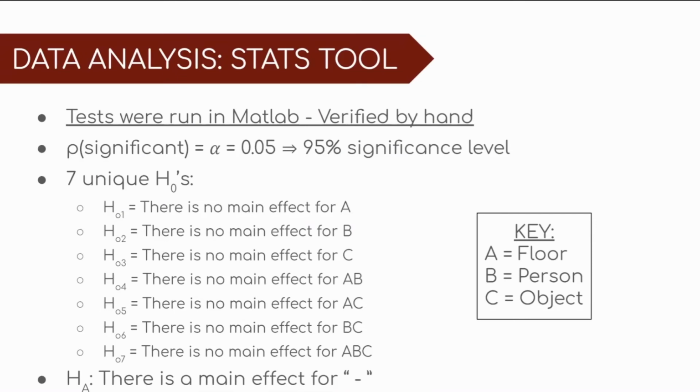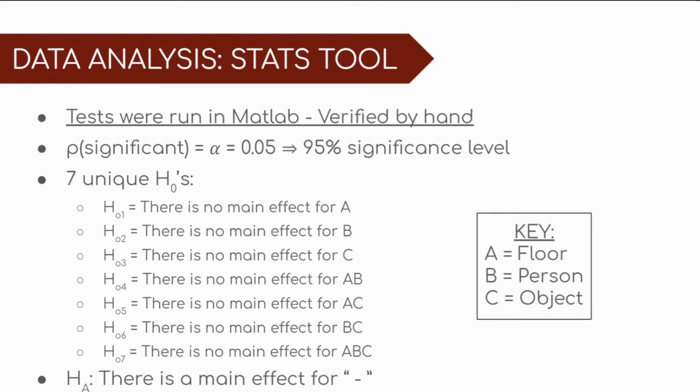For data analysis, we ran the tests in MATLAB, and they were also verified by hand. What that means is we utilized the equations from the book and the information from the Excel files to calculate each value. Our significance value was 0.05 for the p-value.